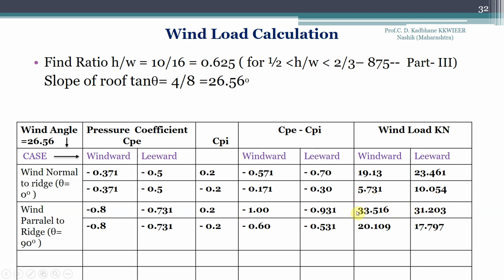So the windward maximum force is 33.516 kN and leeward 31.203, and these values should actually be negative because the signs here are negative. That means both the forces are acting away from the truss, so the truss is subjected to suction wind load.